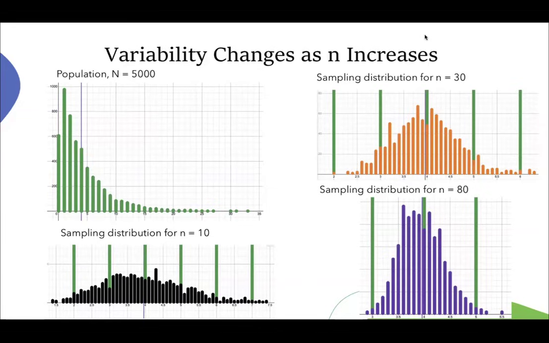So our original population, 5,000. When we took a sample of size 10, our sampling distribution looked like the one here in black. And then when n was 30, it looked like the one in orange. And then when n was 80, it looked like the one in purple. And we certainly see a bell with the one in purple.